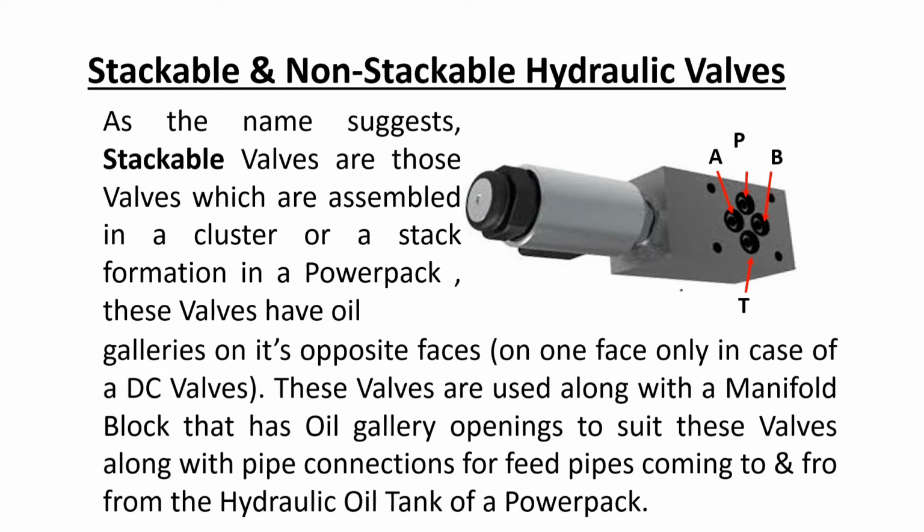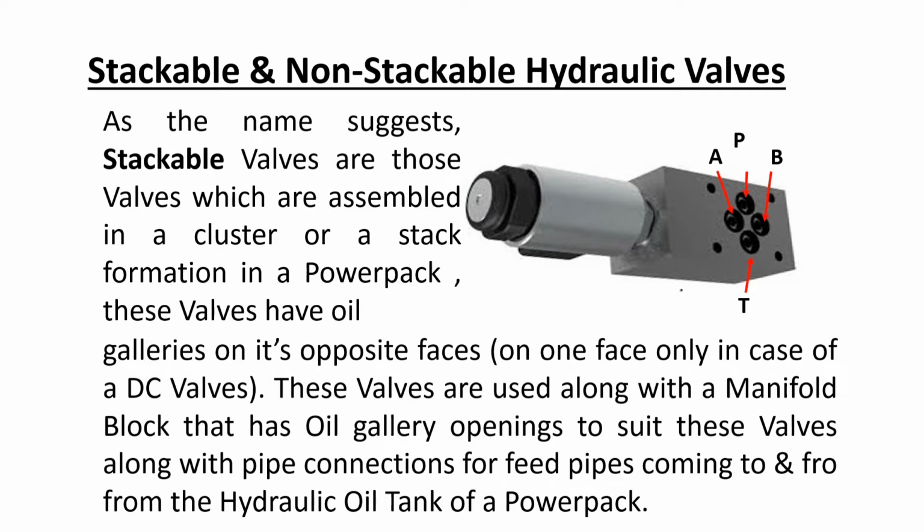Now we'll understand here what is the difference between stackable and non-stackable hydraulic valves. As the name suggests, stackable valves are those valves which are assembled in a cluster or a stack formation in a power pack. These valves have oil gallery openings on opposite faces, except in the case of direction control valves, where it's only on one face.